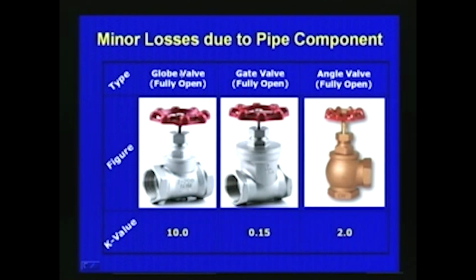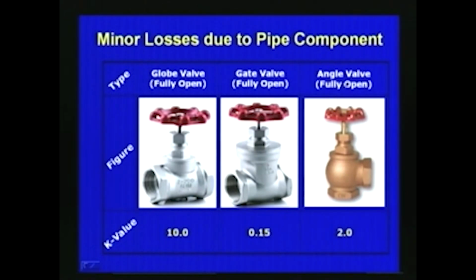You can see that if the valve is a globe valve, fully open globe valve, then the K value will be about 10 as shown here. And if it is a gate valve, fully open gate valve as shown in this figure, then the loss will be much less, the K value will be 0.15.